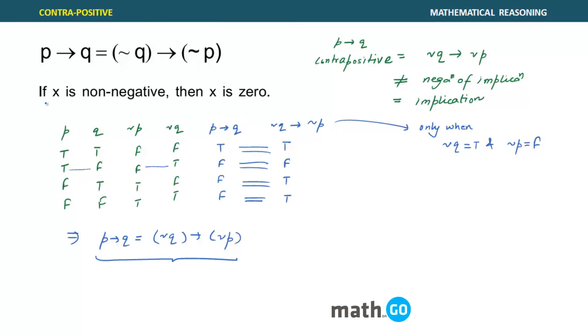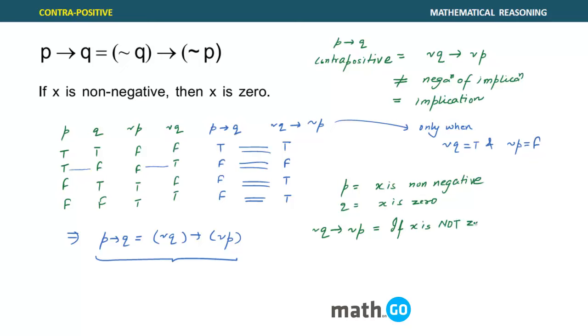So if I have to take an example, this was your statement: if x is non-negative, then x is 0. Convert this into contrapositive. Write the contrapositive of this statement. So let me say that P is x is non-negative, and Q is x is 0. So the contrapositive will be negation Q implication negation P. So how I will say this: for negation we'll use not.